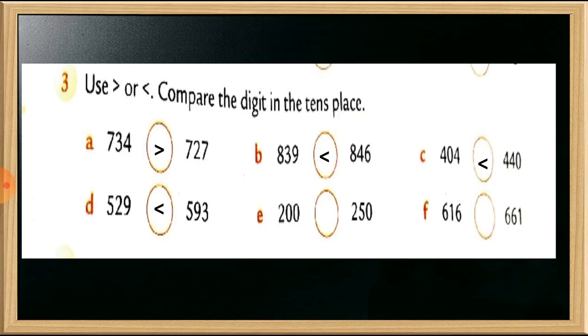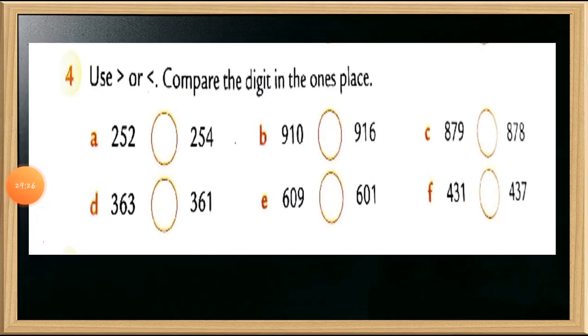Here in number E at the left side 0 at the tens place and at the right side number 5 at the tens place. So 5 is a bigger number than 0. Number F, students, here at the left side number 1 is at the tens place and at the right side number 6 at the tens place. So 6 is bigger than 1. So you have to put this sign here.